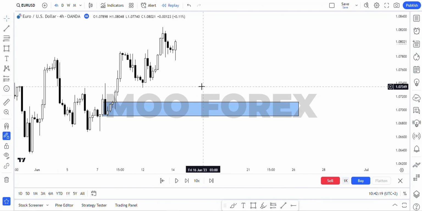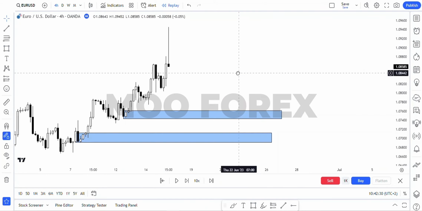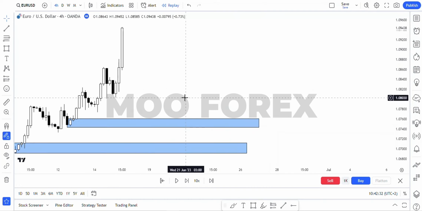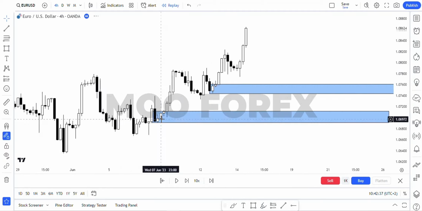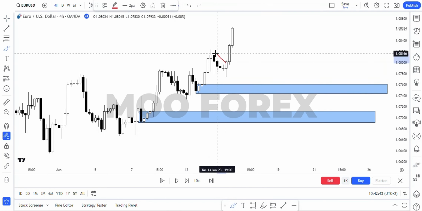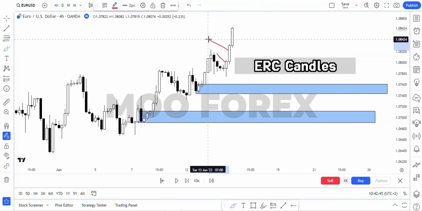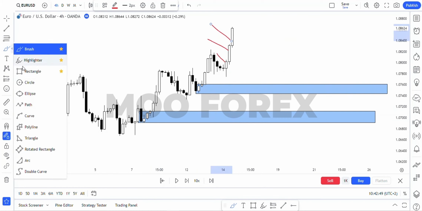Okay, and then after that we have a new imbalance right here, and the market never came back here, but before that the market actually made another imbalance. Can you see these three candles here? They are just so good. They are ERC candles, and these ERCs are responsible for imbalances.